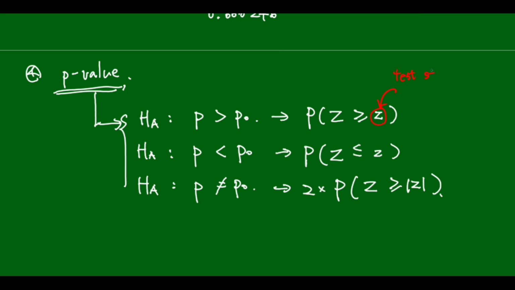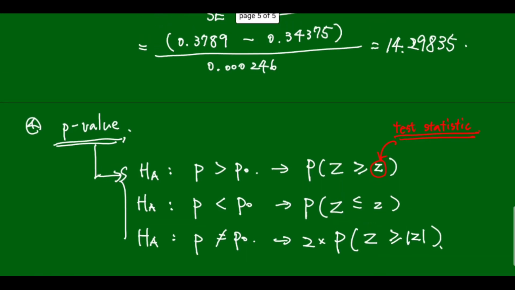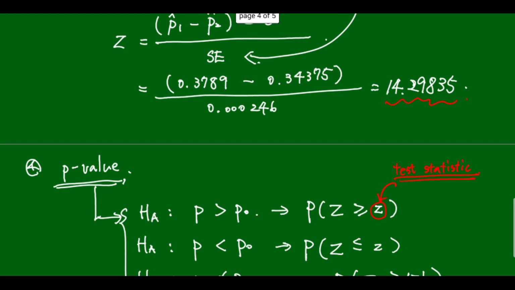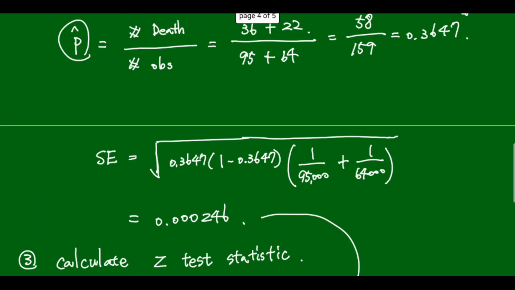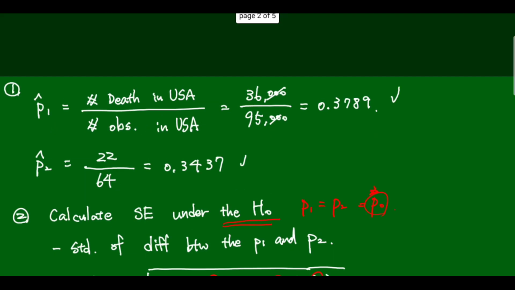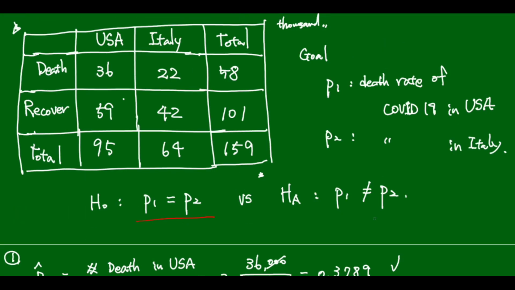The test statistic is this number that we have calculated. Since we are testing whether p1 and p2 are the same, our alternative hypothesis is that p1 is not equal to p2.